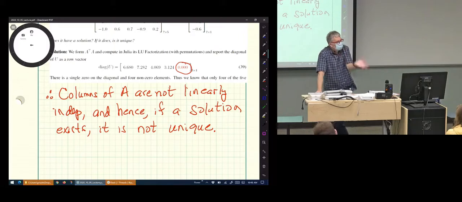So now if the question you are posing yourself is, does there exist a unique solution to this system? The answer is no. And if that's all you want to know, you stop here, okay? You just stop. So checking the independence of the columns of A is always the first thing to do. So you need that.